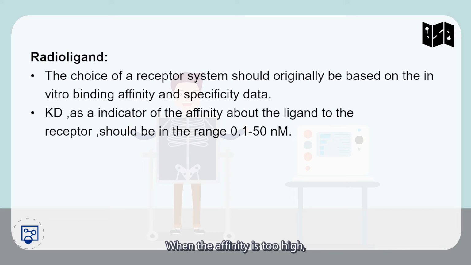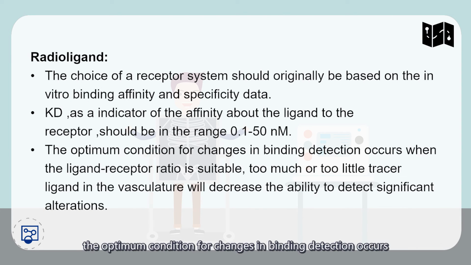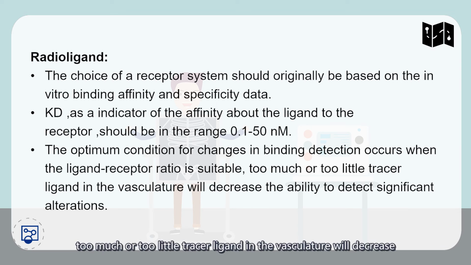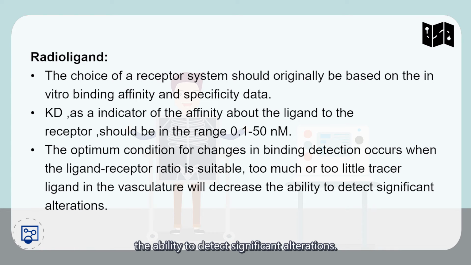When the affinity is too high, the radioactivity determined in the target organ is independent of the receptor concentration. The optimal condition for detecting a change in binding occurs when the ligand-receptor ratio is suitable. Too much or too little tracer ligand in the vascular compartment will decrease the ability to detect significant alteration.